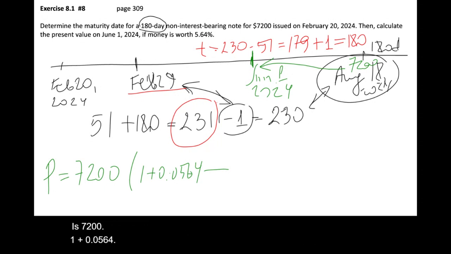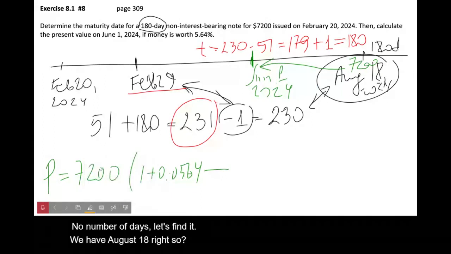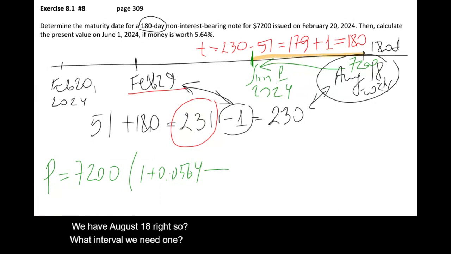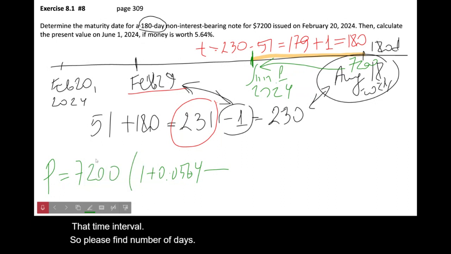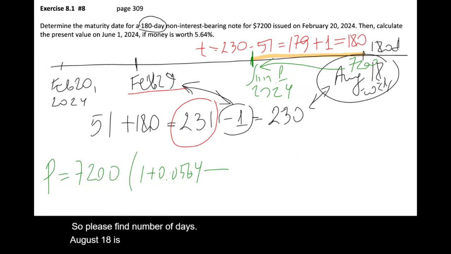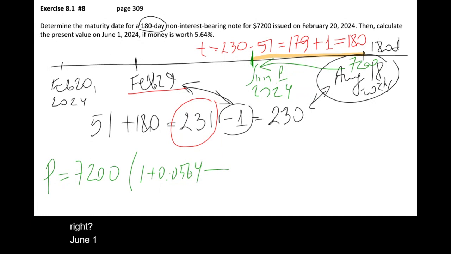Now, number of days. Let's find it. Oh, we have August 18, right? So what interval we need? We need that time interval. So please find number of days. August 18 is 230. And we don't care about leap year anymore, right? June 1, 152.